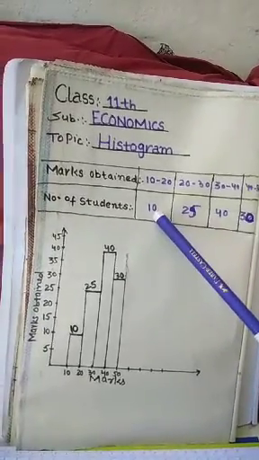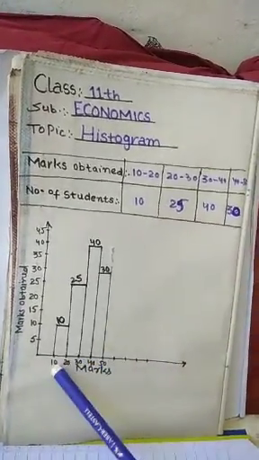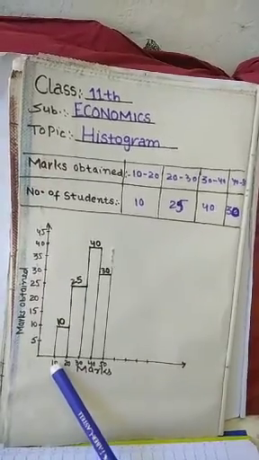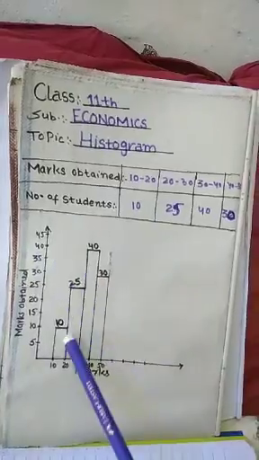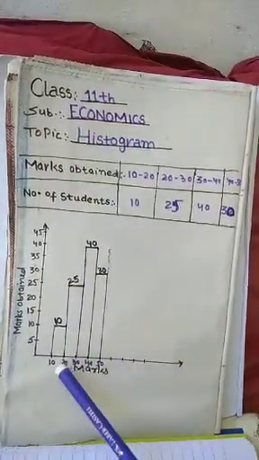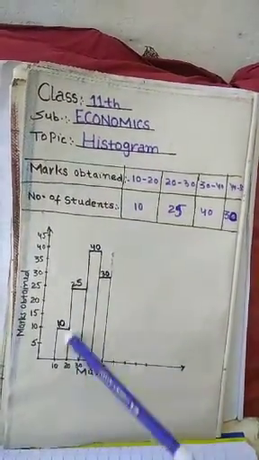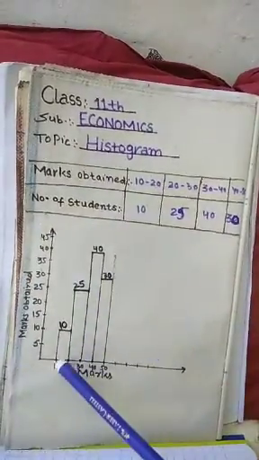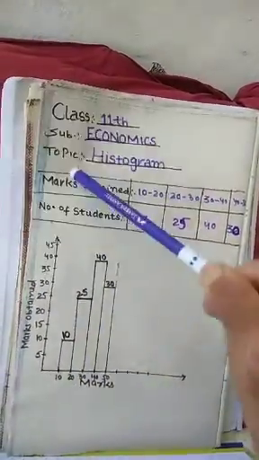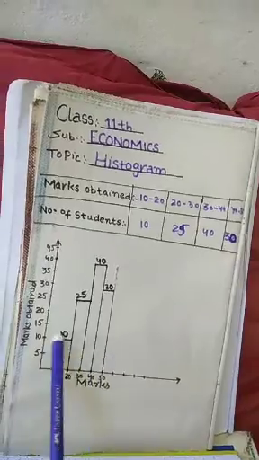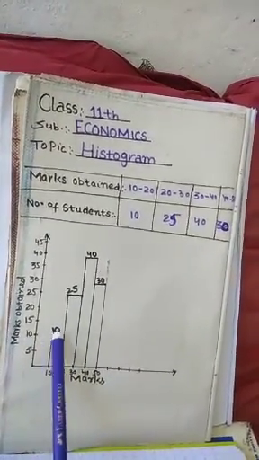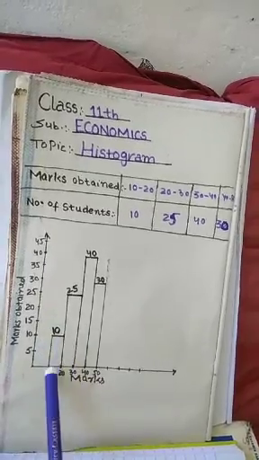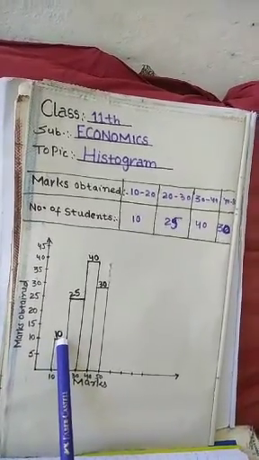That is 10 students. So we take this bar, that is the 10 to 20 bar, and moving vertically we see where this frequency of 10 lies and construct the bar up to that frequency.